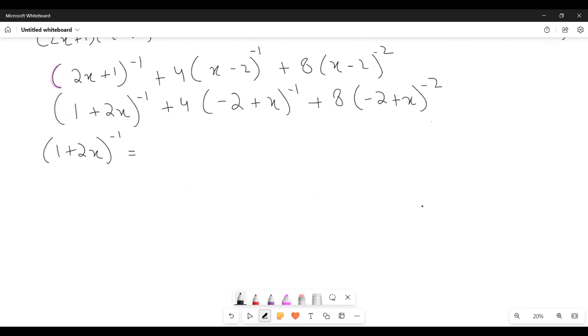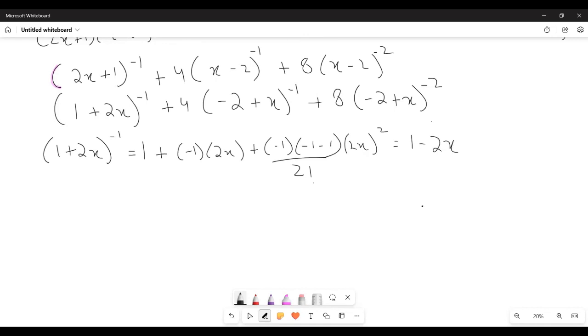So it's going to be 1 plus nx plus n minus 1 upon 2 factorial times x square. So we have to go till x square only. So the first term is 1, then minus 2x, and then minus 1 times minus 2 divided by 2 factorial, times 4x squared, plus 4x squared.